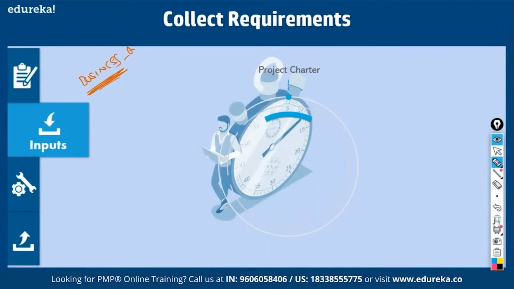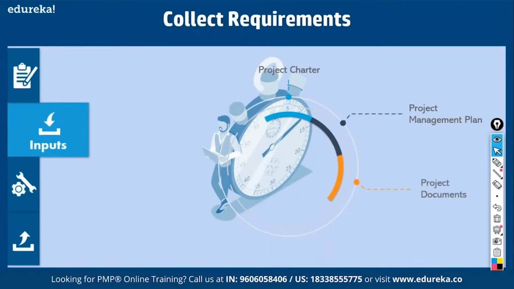So the basic input is the project charter, which again gives you the high level requirements for the product. Fine. Then the project management plan. Why is the project management plan once again an input? Because the project management plan is a combination of multiple plans, so it will provide you guidance on collecting requirements. Then what else? We have project documents. What are project documents?